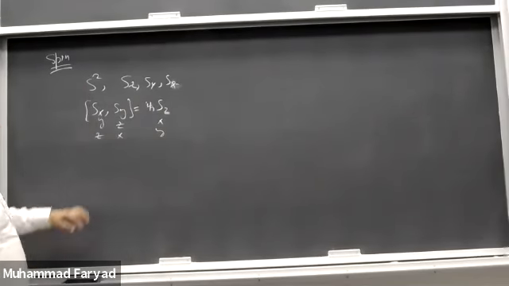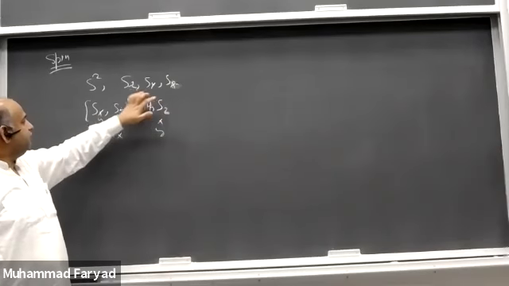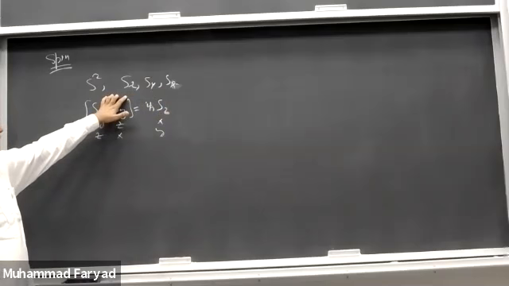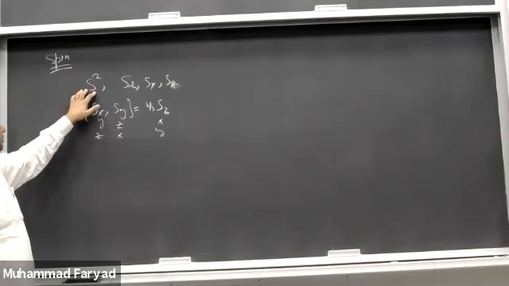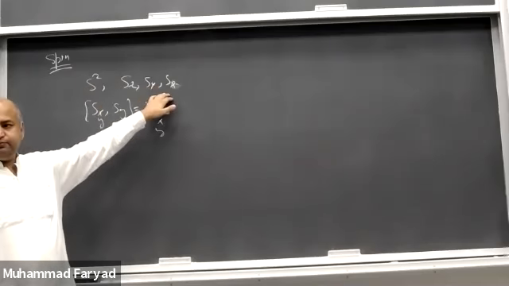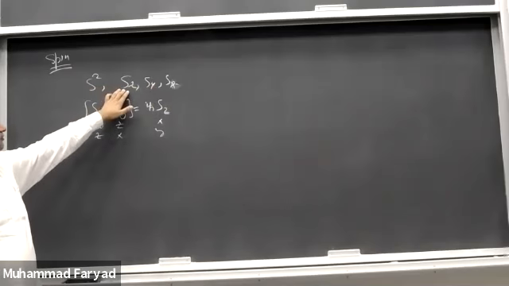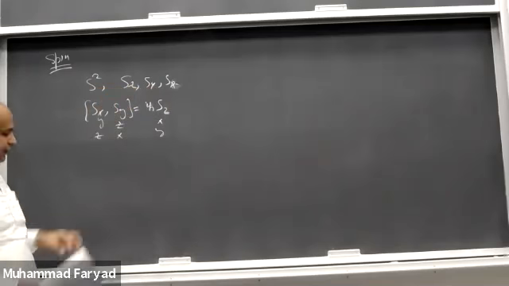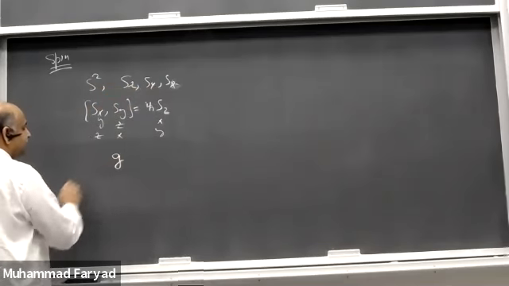And then since S square commutes with all these three of them, we can construct the eigenfunctions which are the simultaneous eigenfunctions of S square and any one of these. And by convention, we can choose S square and Sz. So let's say we have some function g to represent the spin.